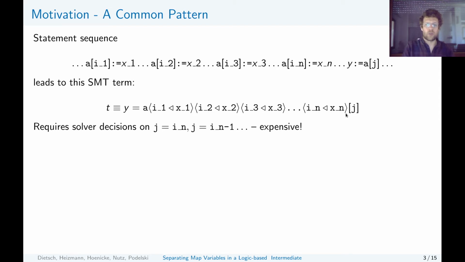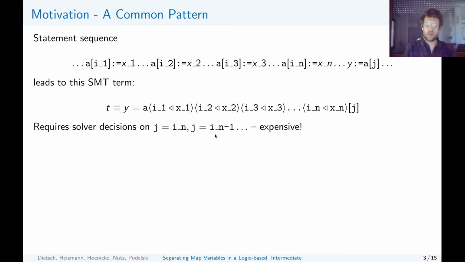And in order to retrieve the value at j of this updated map, we need to know if j equals in at the time of the read, and if it doesn't equal that, we need to know if it equals in minus 1, and so on.